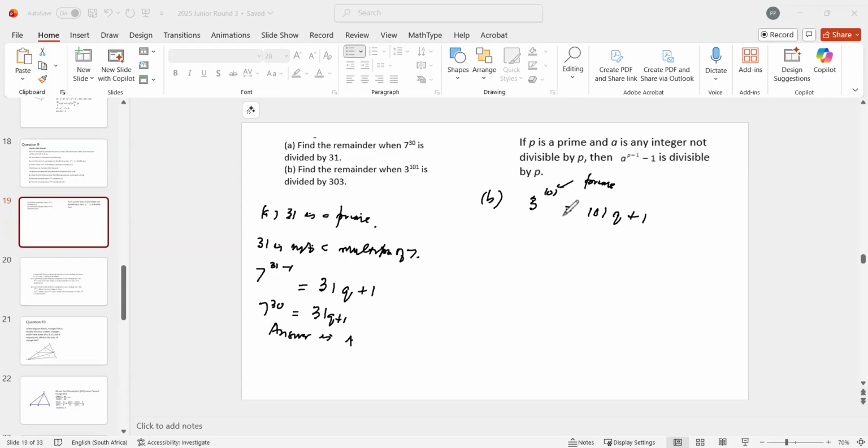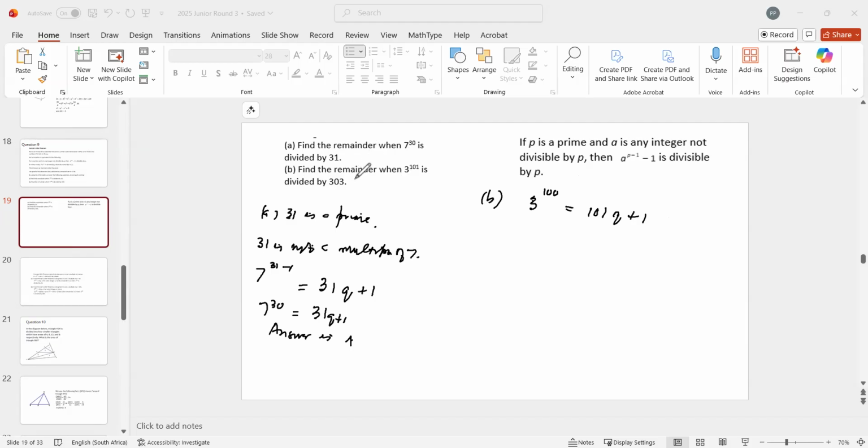And this is Fermat's theorem. Oh, I'm sorry. This is 3 to the power of 100. It's 101 minus 1. So 3 to the power of 100 is equal to some multiple of 101 plus 1. And this is Fermat's theorem.